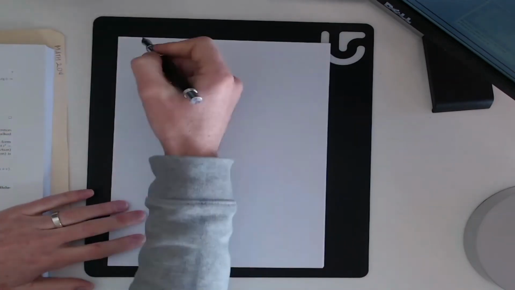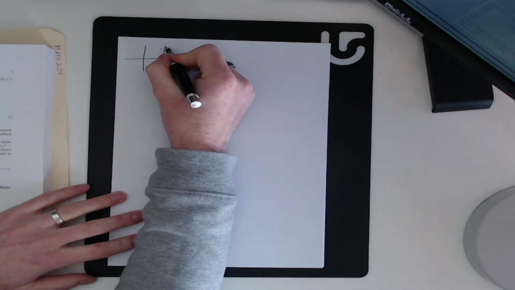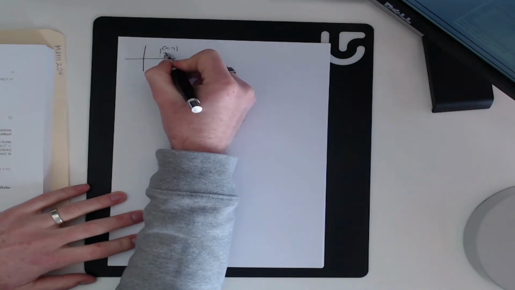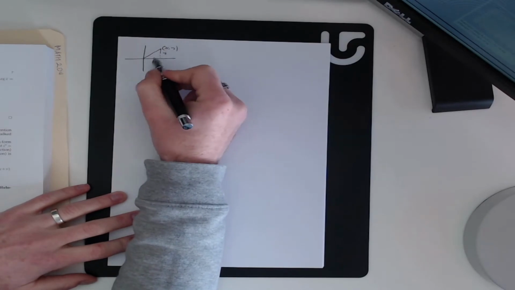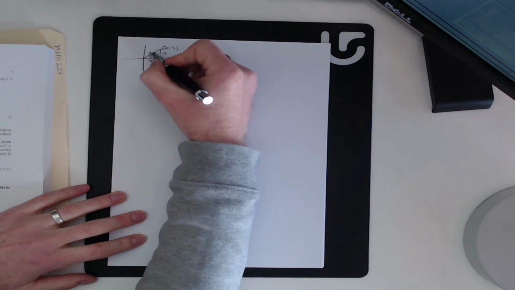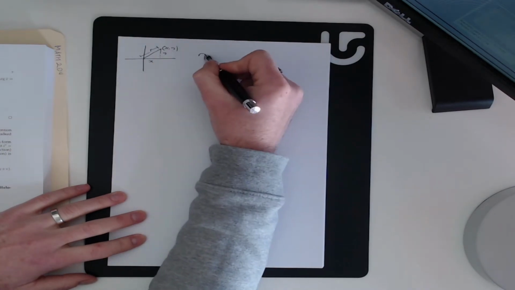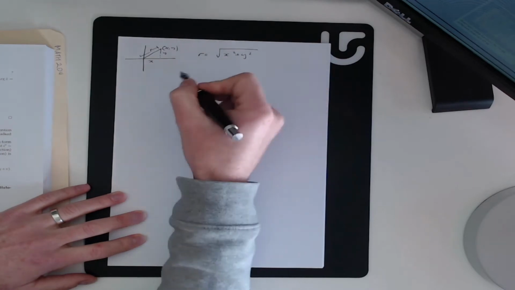So you can use the normal kind of trig identities to write down equations for these things. That's an angle. That's a side of a triangle. It has length y. This has length x. So the normal equation is that r equals the square root of x squared plus y squared.